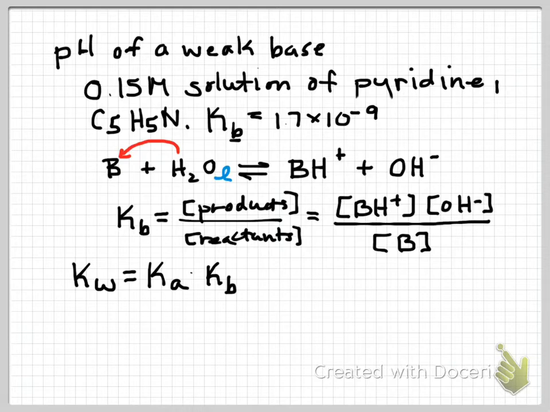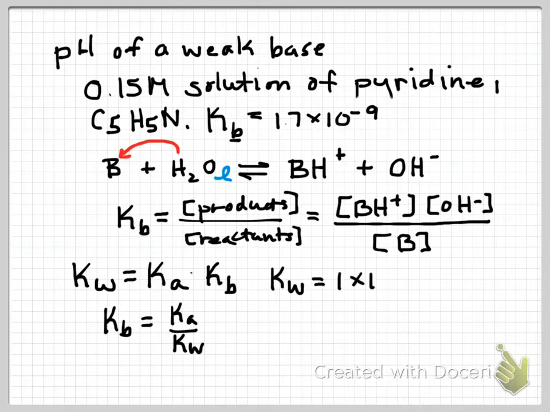So if we are given Ka and we need to get back to Kb, we know that Kb is equal to Kw over Ka, where Kw equals 1 times 10 to the minus 14th at 25 degrees Celsius.